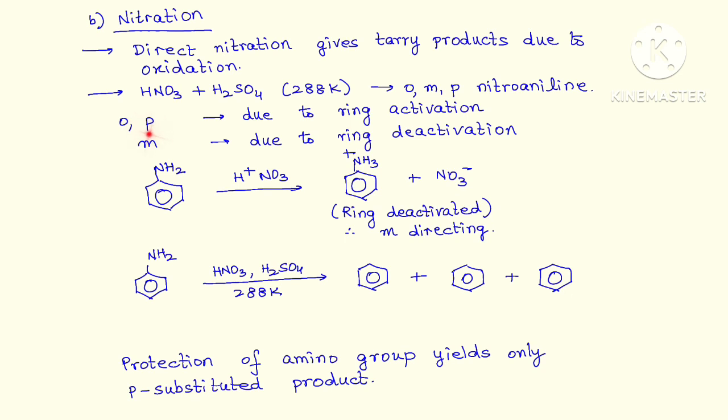But at the same time, you see, we are carrying out the reaction in the presence of nitric acid. Our aniline is a good base, and our nitric acid is a good acid. So what will we get? We will get a salt over here. So base combining with an acid, we get the anilinium. Yes.